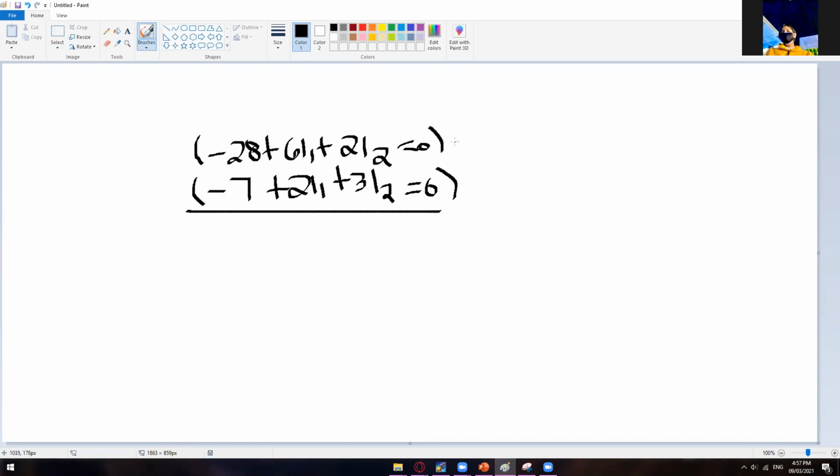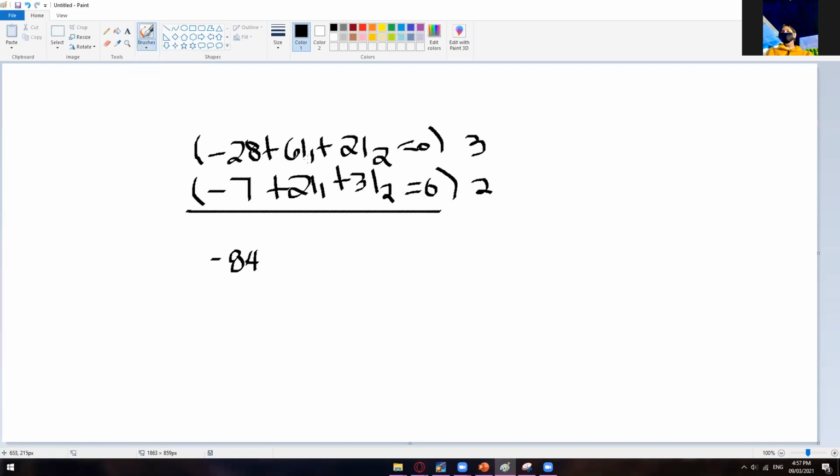So times 3 right here, and times 2 on the second equation. So negative 20 times 2... 84. So we'll be having a negative 84 right here.